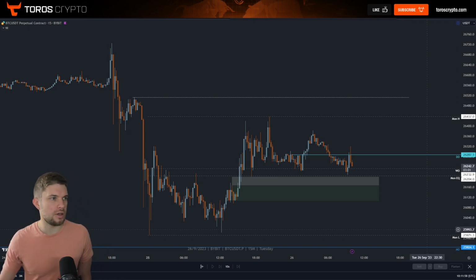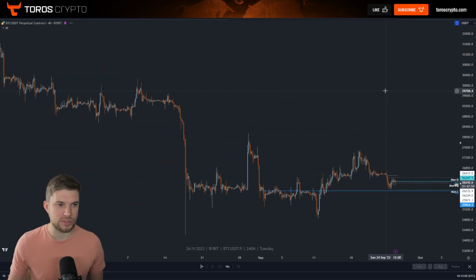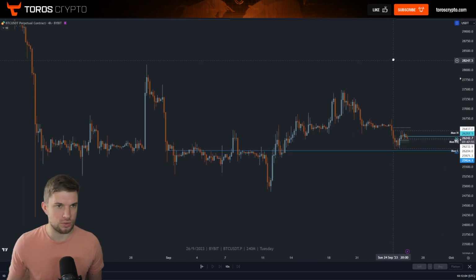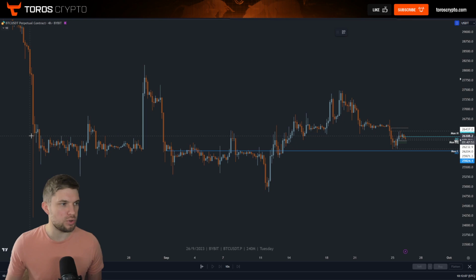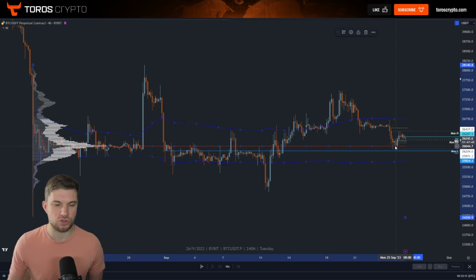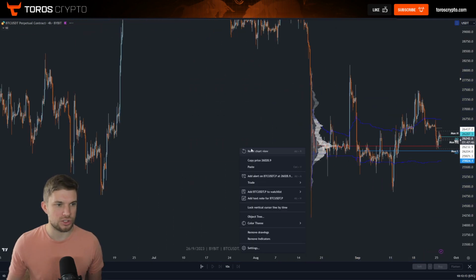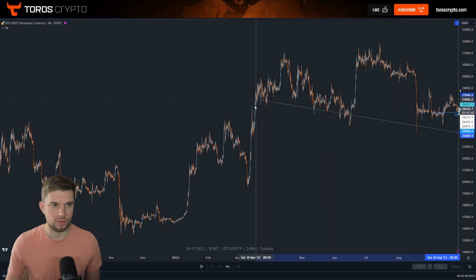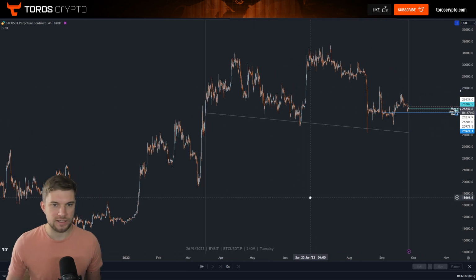Let's start off, let's just go to the 4-hour chart. Just a reminder, we were looking for a bit of a bounce yesterday. We had mentioned the fact that Bitcoin had come back into this point of control of the range. Then if you zoom it back even further, the point of control of this bigger range.